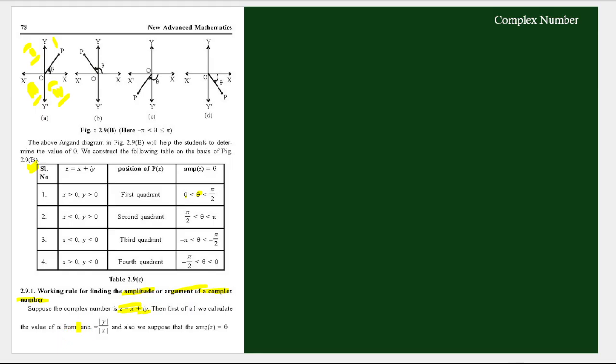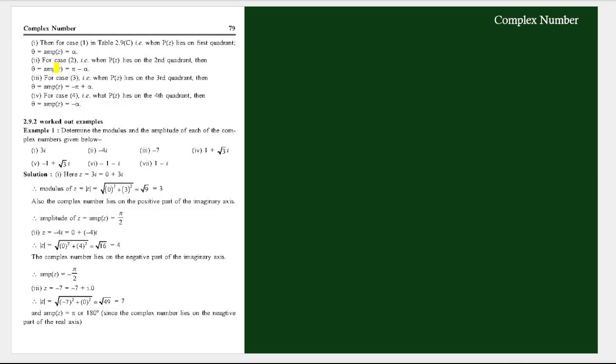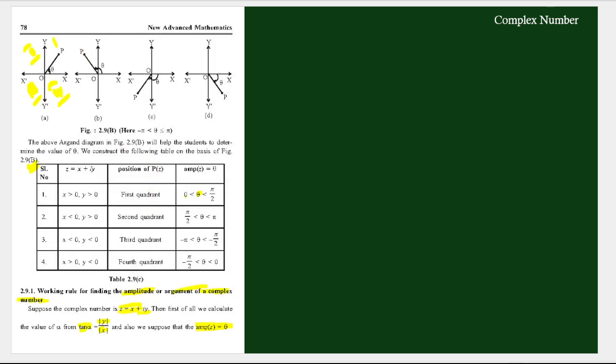So tan theta will be modulus of y by modulus of x, only the positive values. And then we suppose that the amplitude of z is theta. Then in the first case, see table 2.9c. Here is our table.